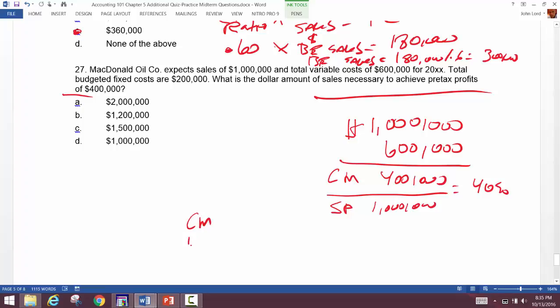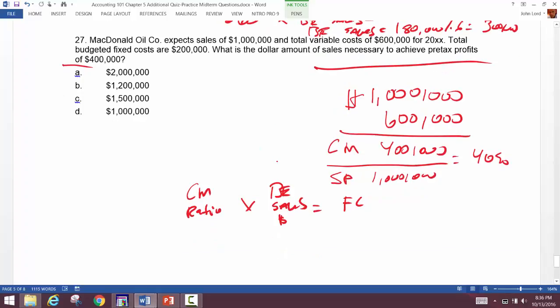Contribution margin ratio times my break-even sales dollars equals my fixed cost, right? Contribution margin ratio, I should say, is what? 0.40.